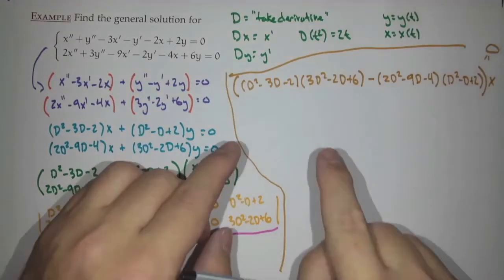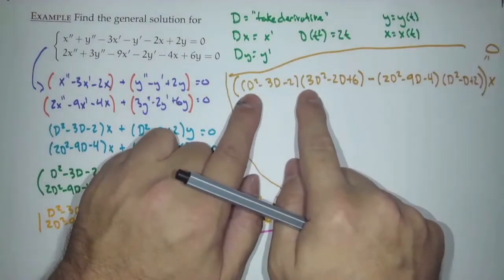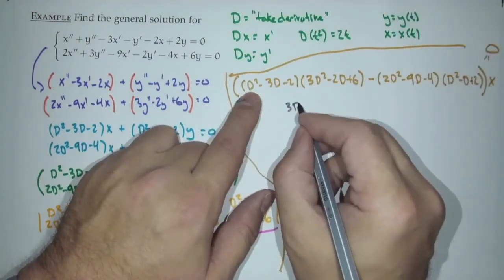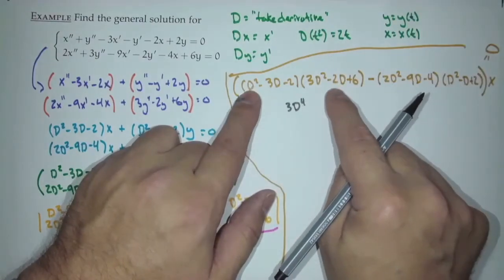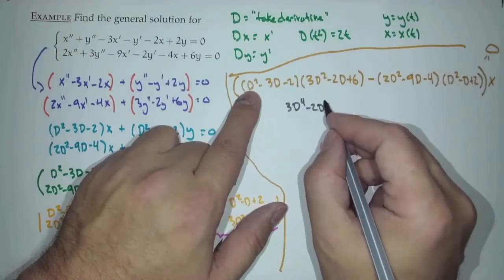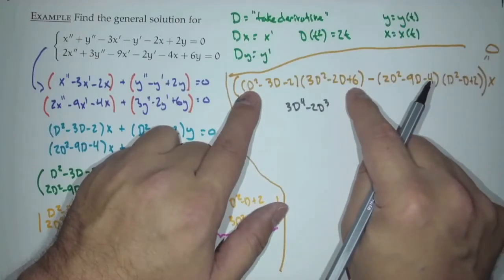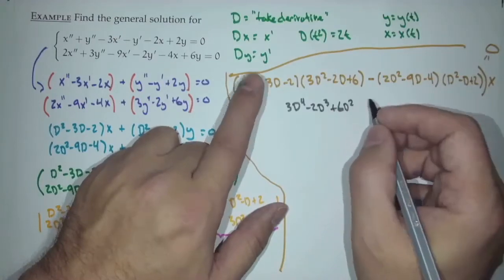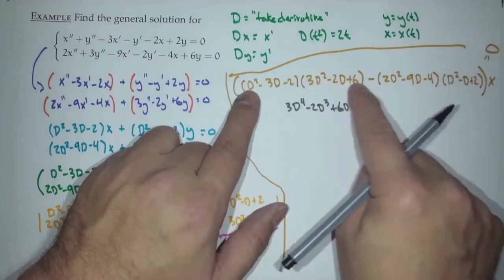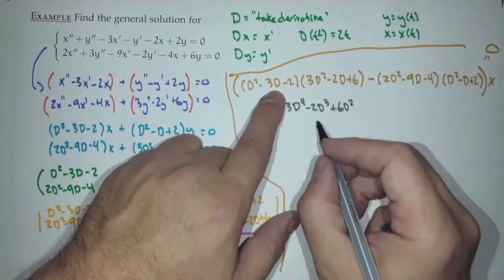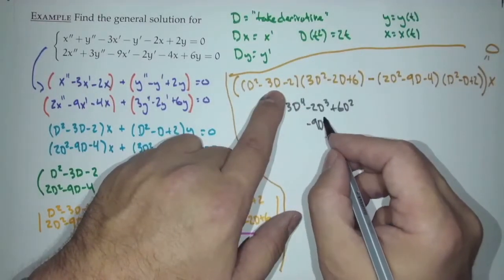So let's start. D squared times 3d squared, 3d to the fourth. D squared times minus 2d, minus 2d cubed. D squared times 6, 6d squared. Okay, so that's the first one with all possible. Go to the next one. Minus 3d times 3d squared, minus 9d cubed.